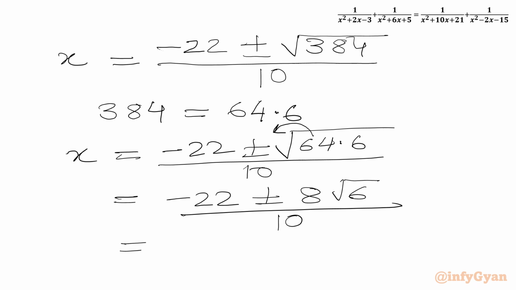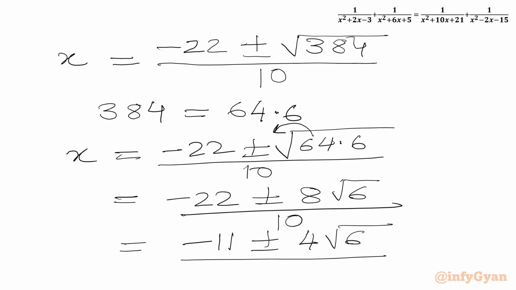Now our numerator is divisible by 2. The denominator is also divisible by 2. So we will write here minus 11 plus minus 4 square root 6 divided by 5. So we have two solutions, two real values.